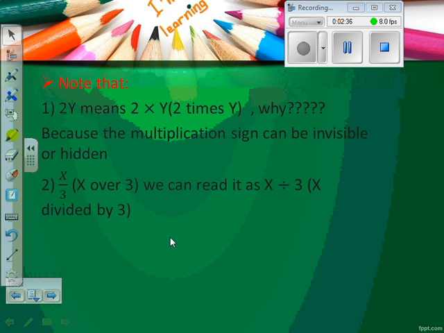Note number 2: x over 3, we can read it as x divided by 3. Note number 3: 3z plus 5 means 3 times z. As we said before, the multiplication sign is invisible, plus 5.